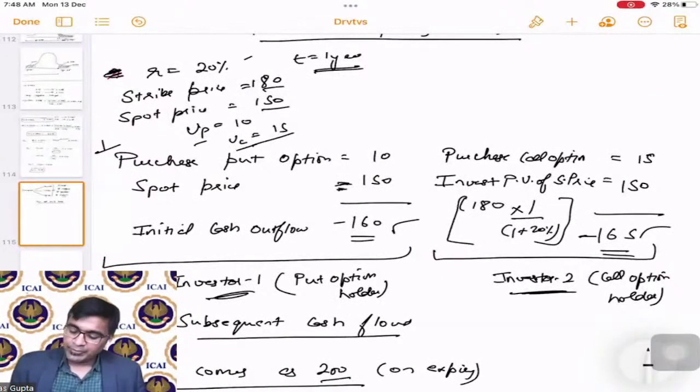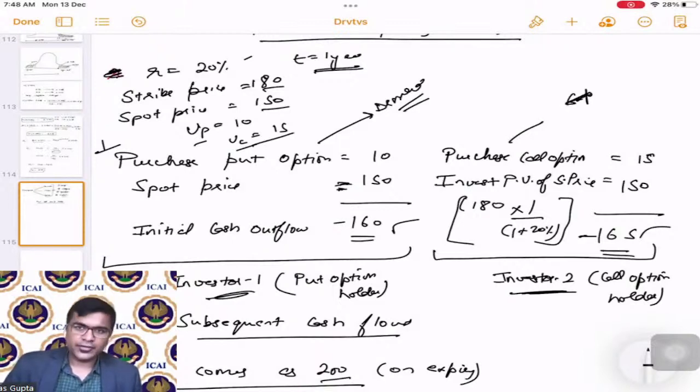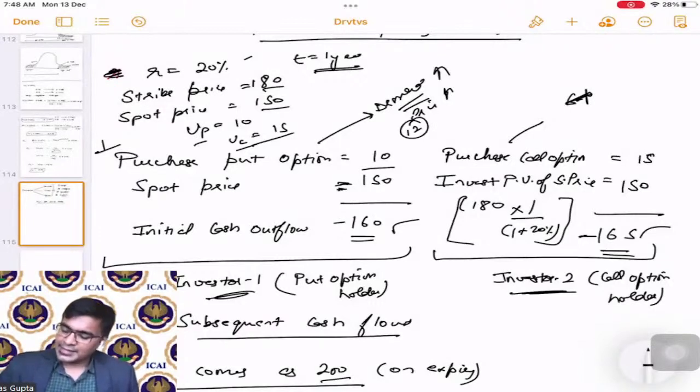That means the demand for the investor 1 portfolio would be higher, and since the demand is higher here for the investor 1 portfolio, the price will also be higher. That means simply this put option instead of 10 will become 12 rupees. And since investor 2's option is non-viable, the supply will increase and the demand will decrease.